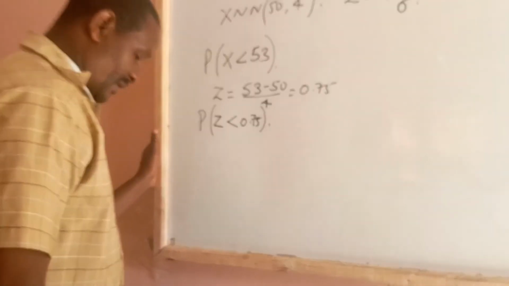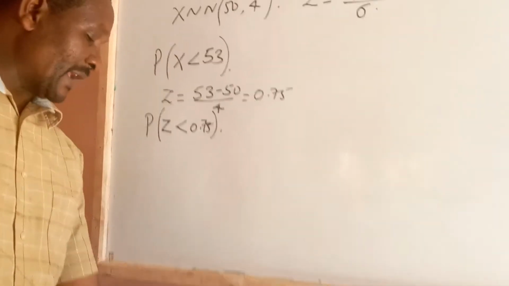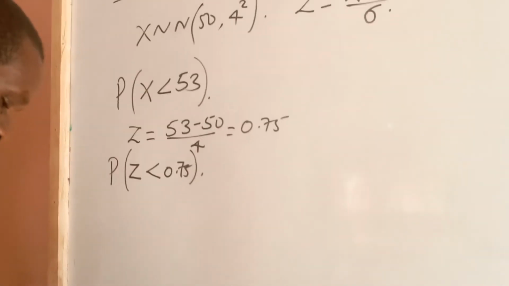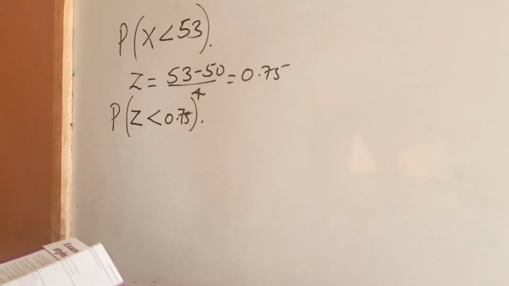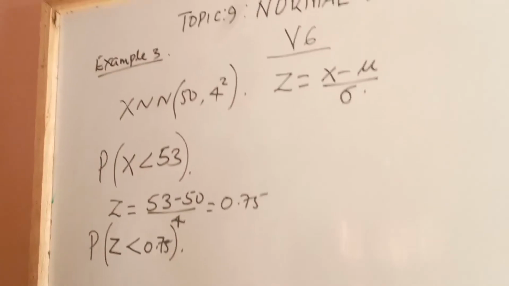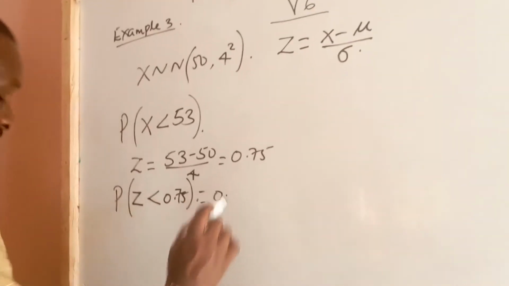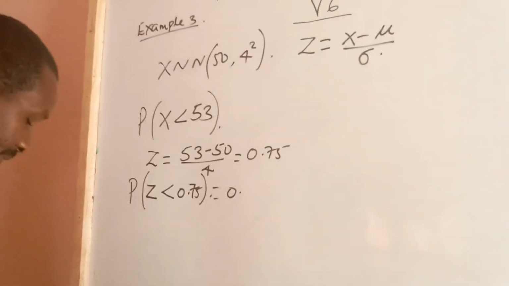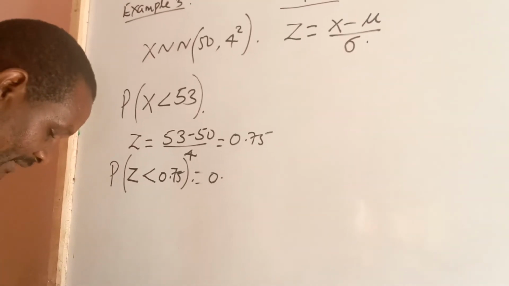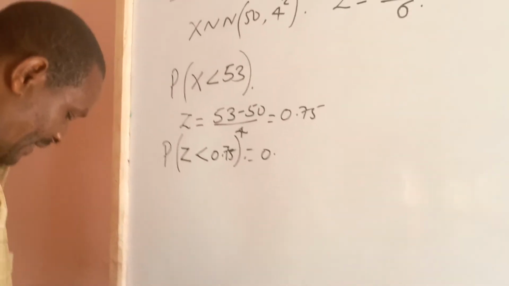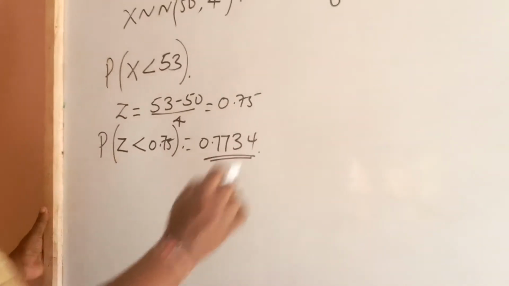And of course, we go direct to the table and find the boundary 0.75, page 201, and the area is 0.7734, and that is it.